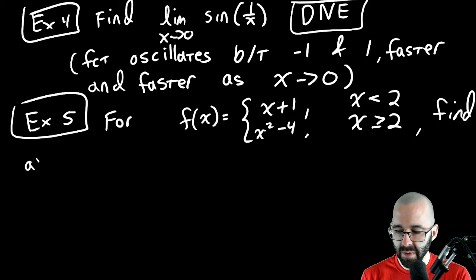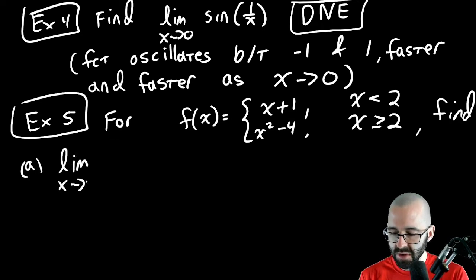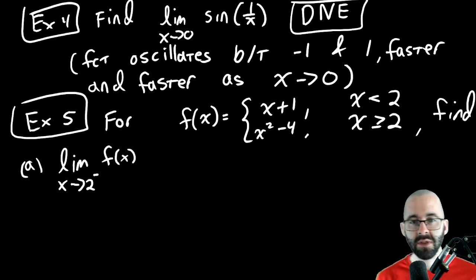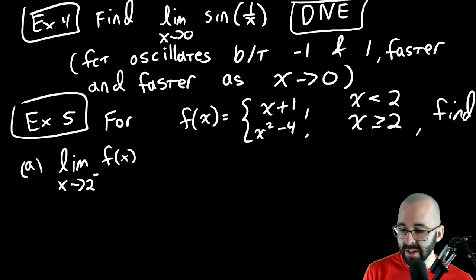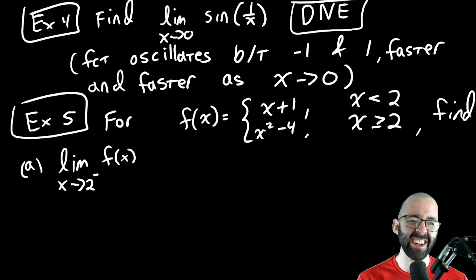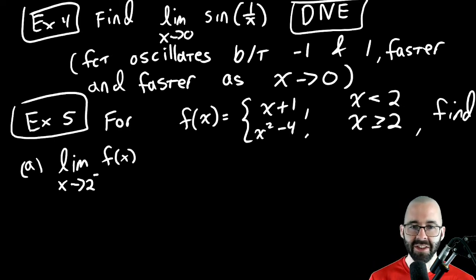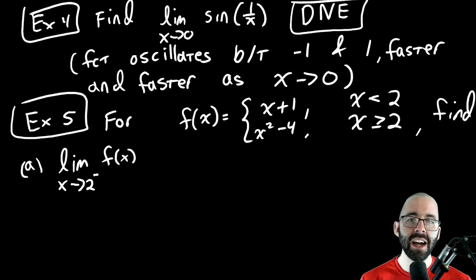I want you to find the following: the limit as x approaches 2 from the left of this function. Now, we don't even need to make a table for this. Well, we should. In the next section, we're not going to make a table, but we should do it in this one. We don't have all the limit laws necessary to do it more formally, but you can get an informal idea by looking at this.